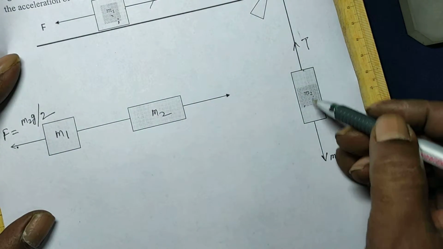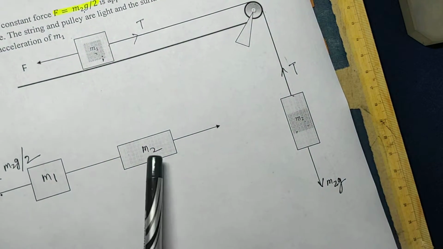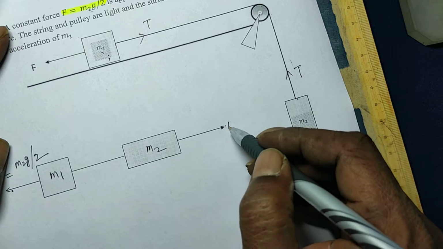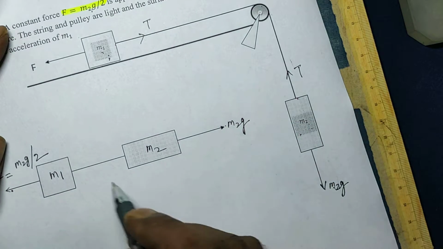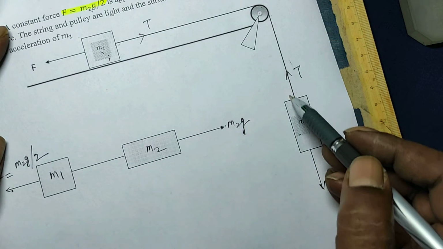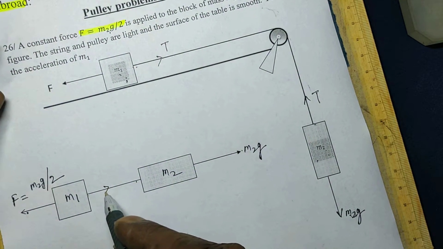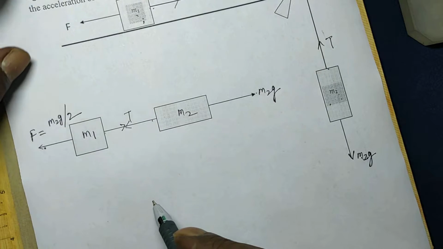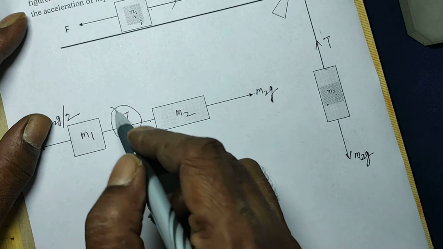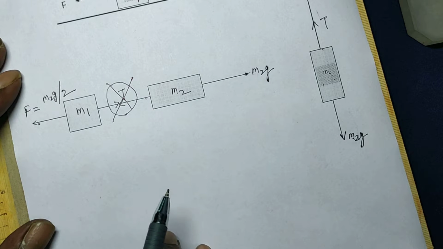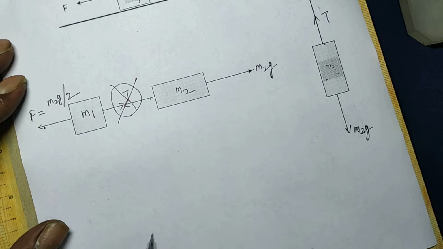And if you consider this m2 horizontal like this, then this is m2g, and the string tension is shown here. Now this is an internal force, so I don't consider it, to write the expression for acceleration quickly. That is the shortcut.